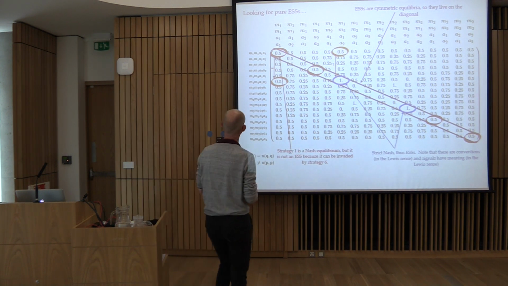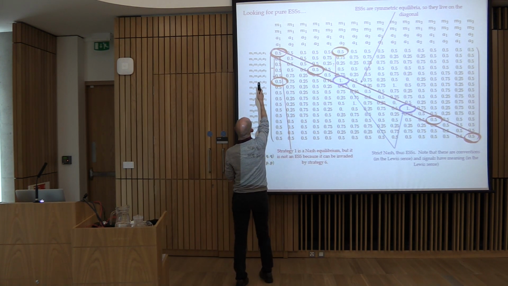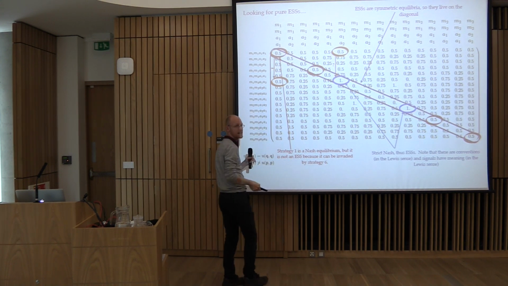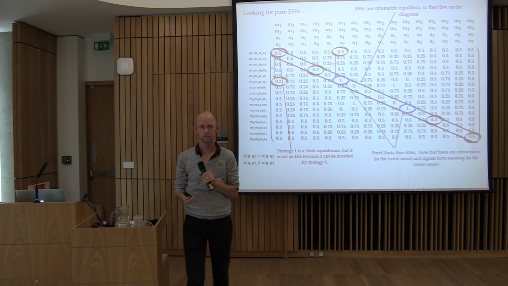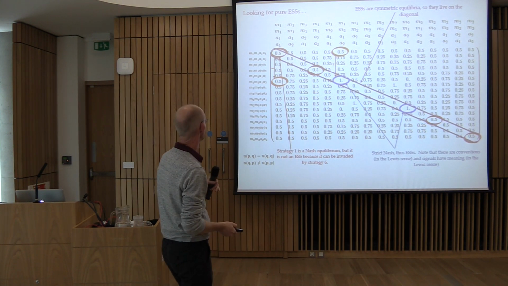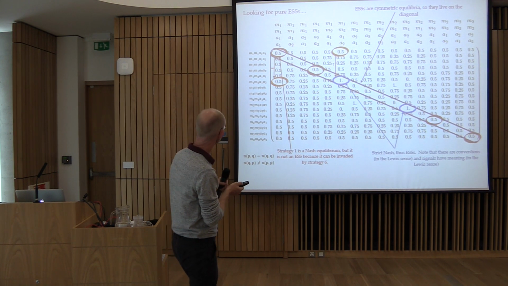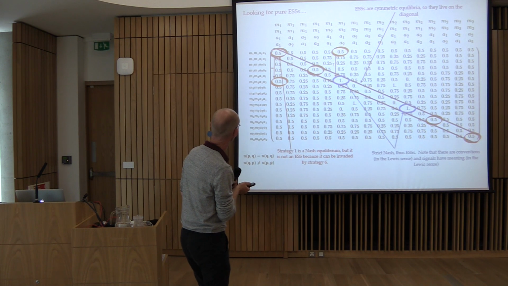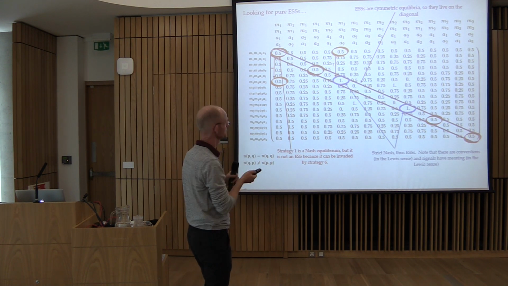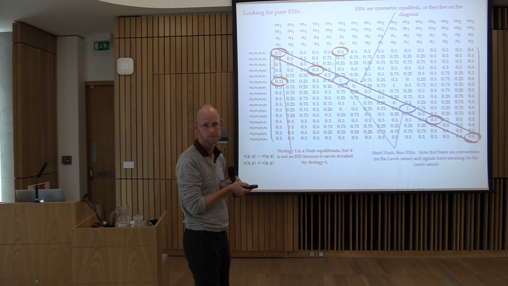But actually that's not the case, because for instance, here's another strategy that does equally well against the first strategy. But this strategy does not do worse against itself than the first strategy does.